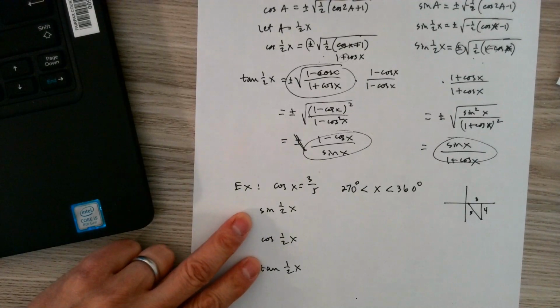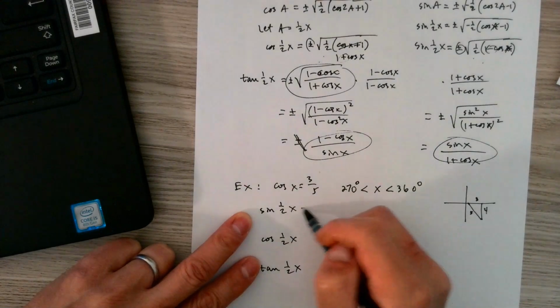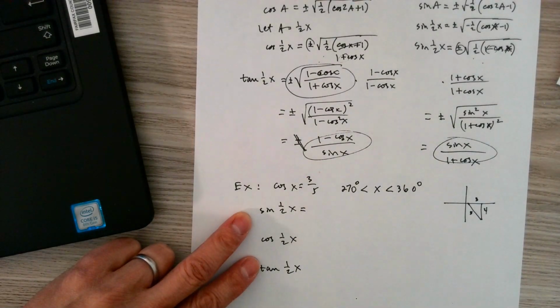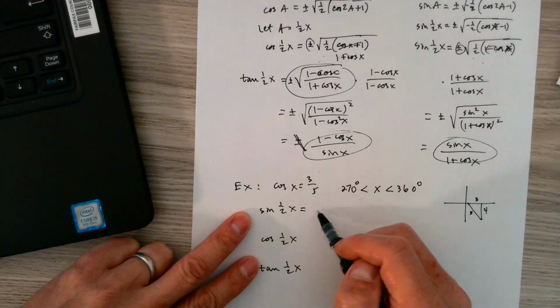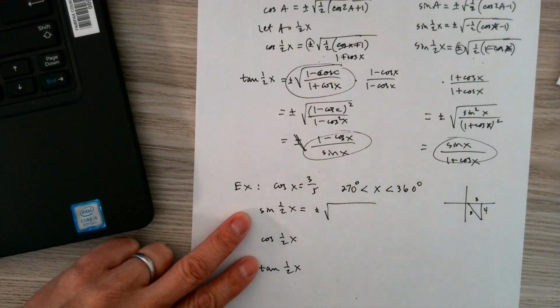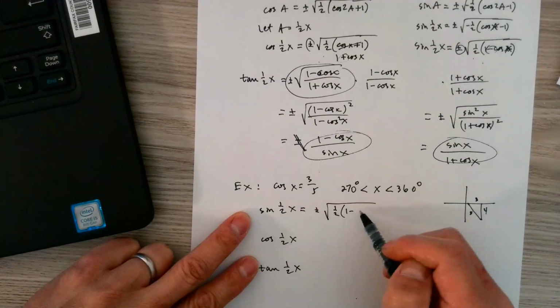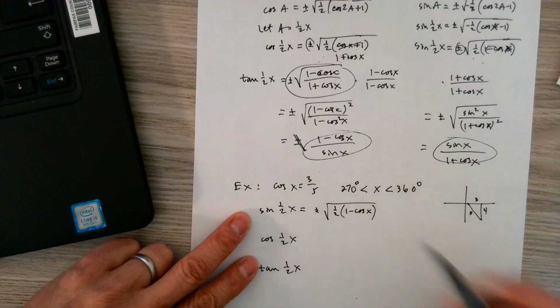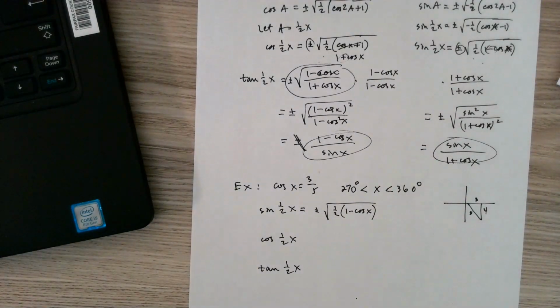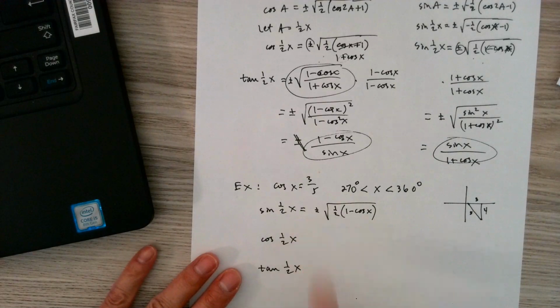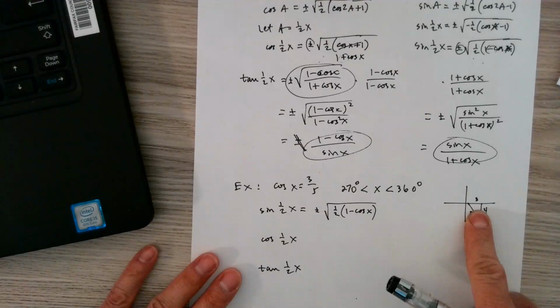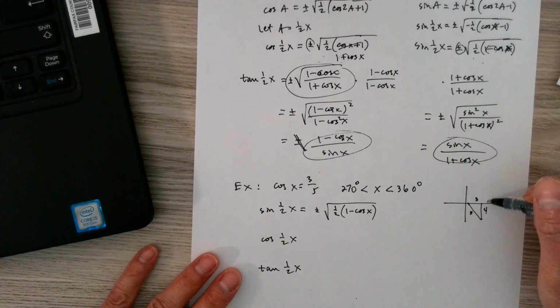Okay, so sine of 1/2 x according to the identity, plus or minus the square root of 1/2 times 1 minus cosine of x. Okay, now I'm going to explain the plus or minus. So you're given that x is right there. So the angle x is that.